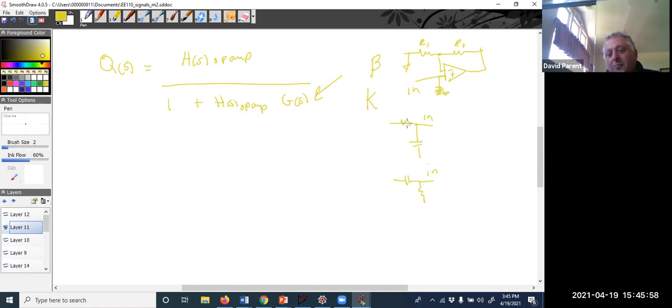I can have a low pass filter, I can have a high pass filter, I could have something else, but really it's all this. Or I could do this. Sorry, that's a minus sign. This is just when R2 is 0 and R1 is infinity.